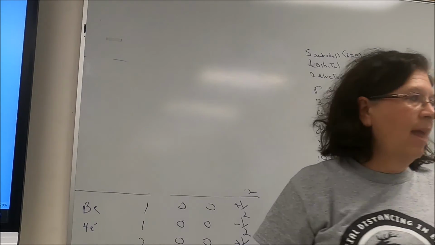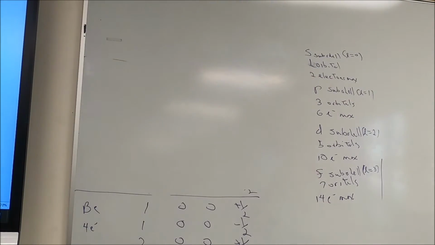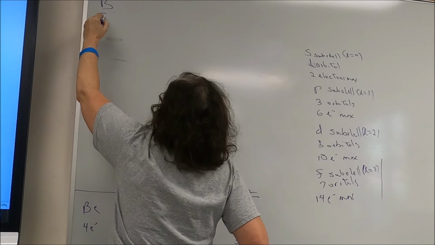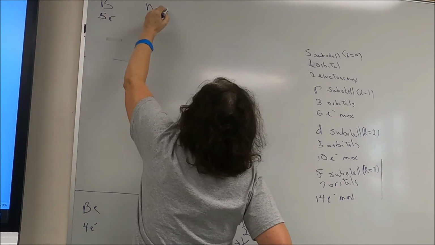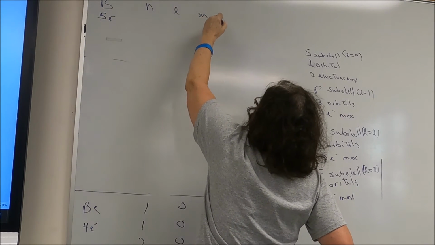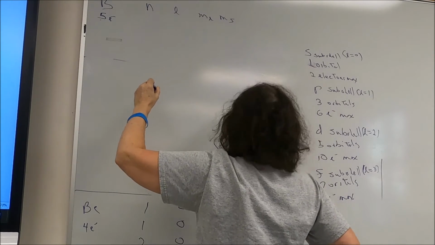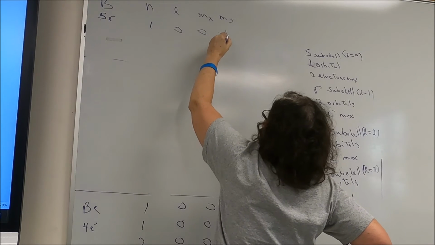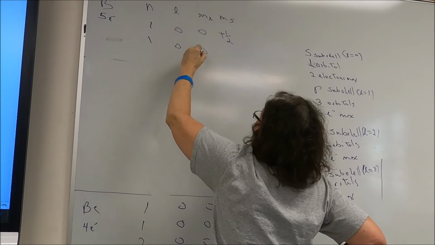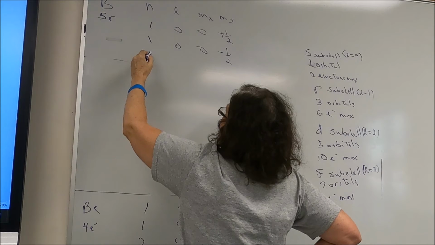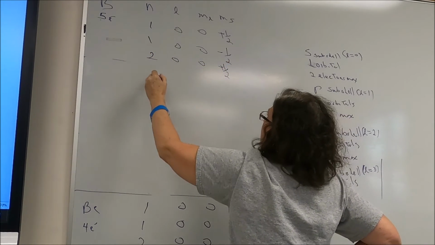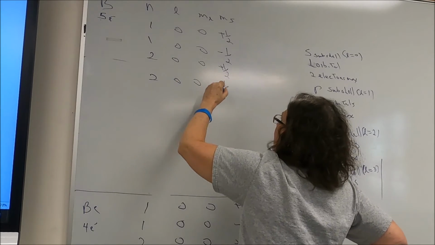Our next element is boron. And boron has 5 electrons. So I'm going to have the 1, 0, 0 plus a half, the 1, 0, 0 minus a half, the 2, 0, 0 plus a half, 2, 0, 0 minus a half.